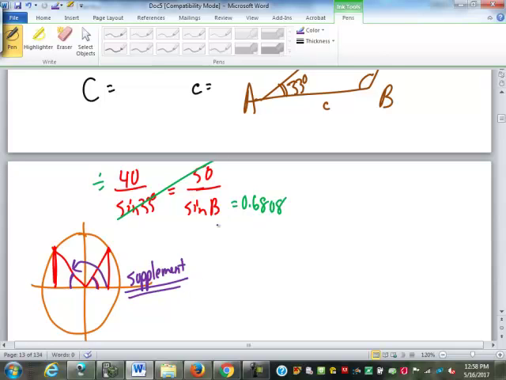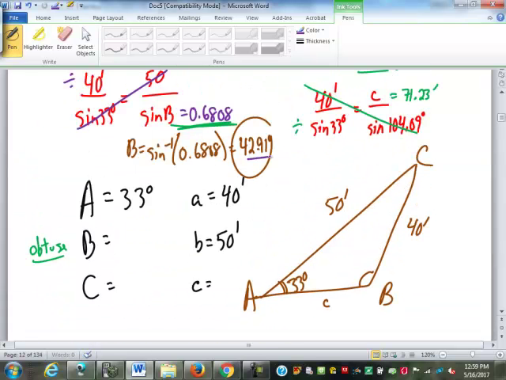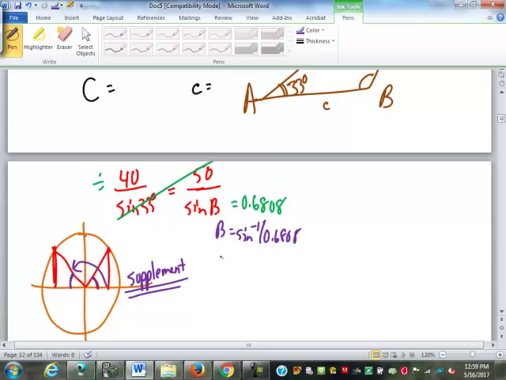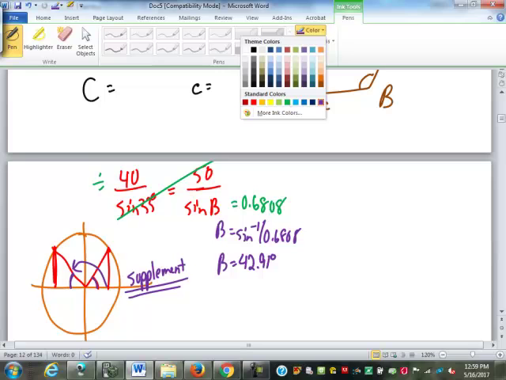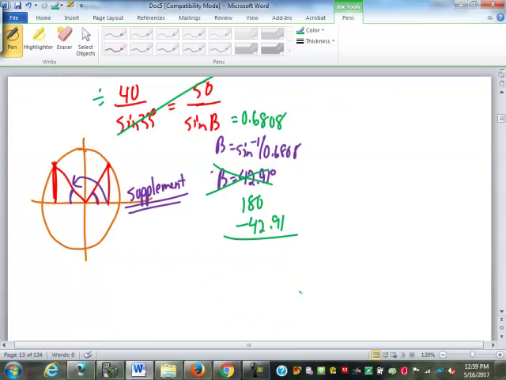So when I do the inverse sine of 0.6808, I'm still going to get 42.91 degrees. But that's not B. B is really 180 minus 42.91 degrees. So it's 137.91 degrees. It's the supplement.